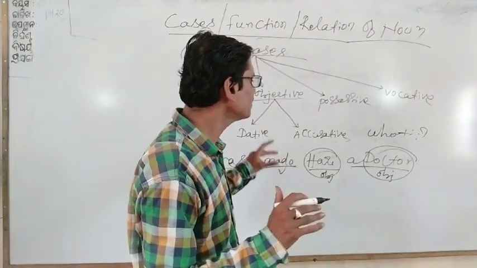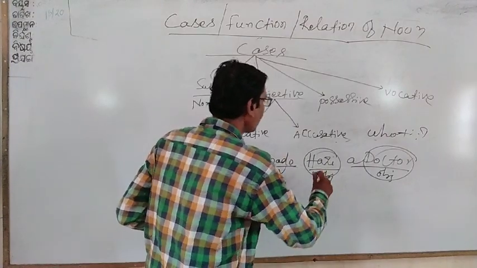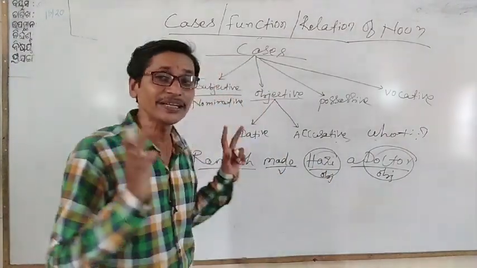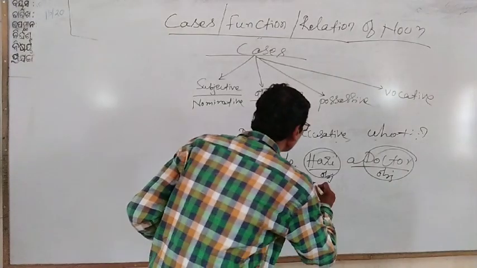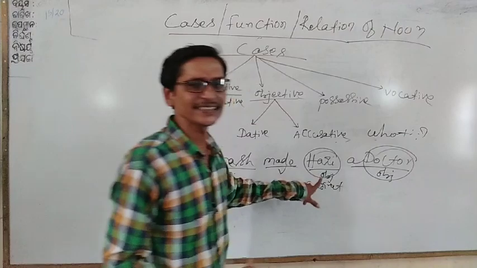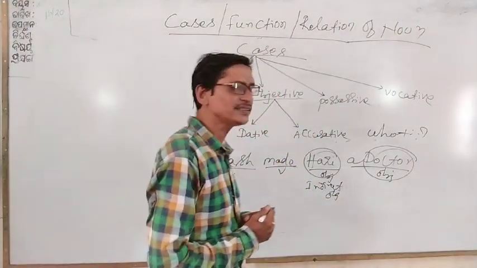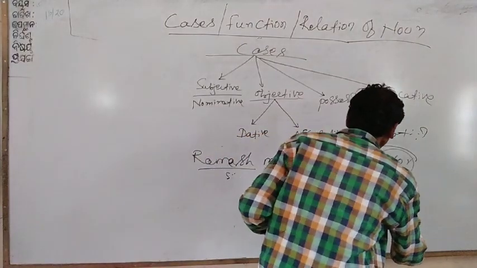So in this case, Hari, the living thing, is always called the indirect object. Living things often are indirect objects, whereas non-living things are direct objects.